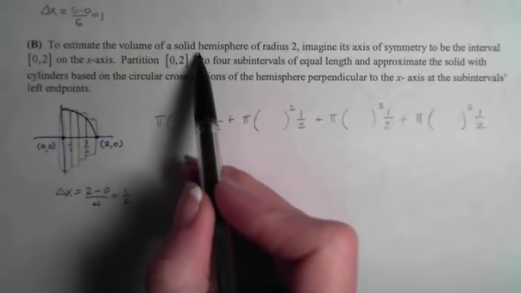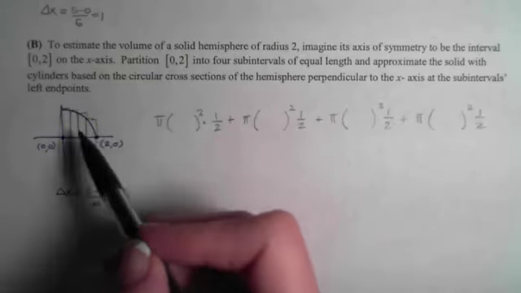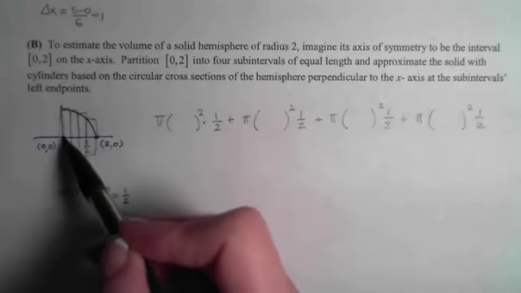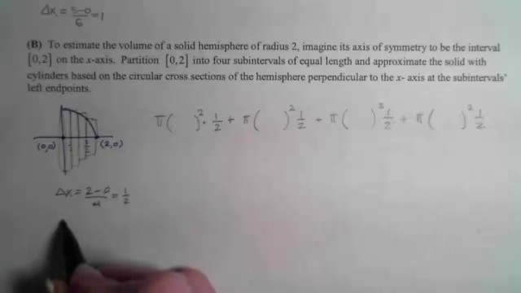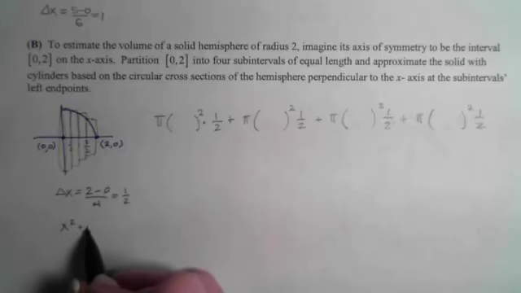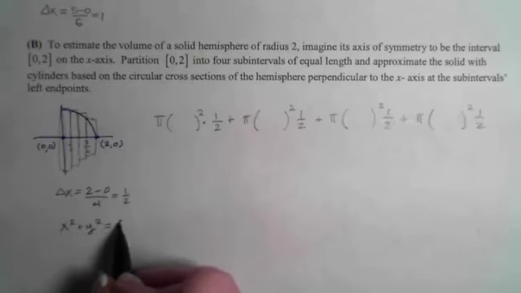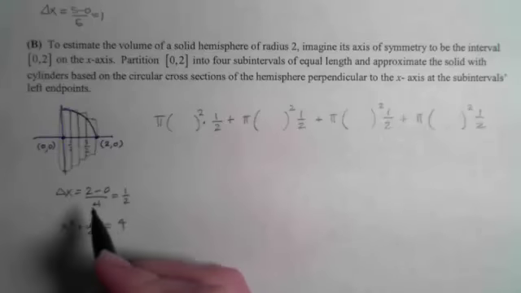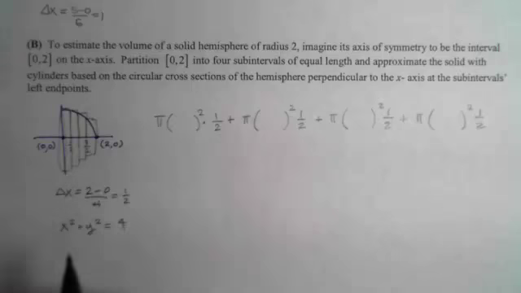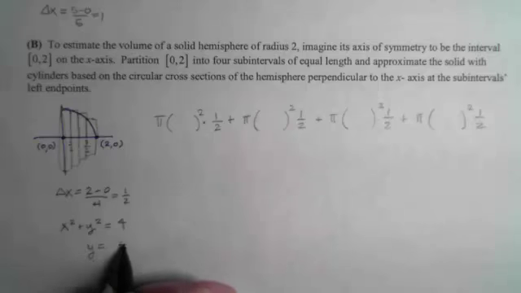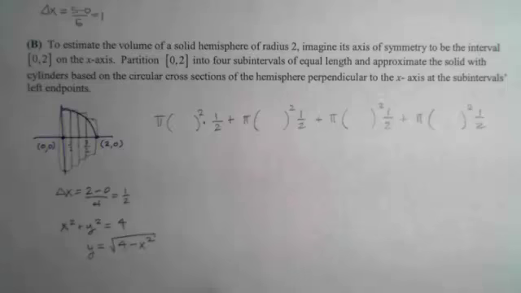Notice it came from a hemisphere, which was a circle that had been rotated, with a radius of 2. So the equation is x squared plus y squared equals 2 squared. We need outputs from the x's, so we isolate y: it's the square root of 4 minus x squared, the positive root.